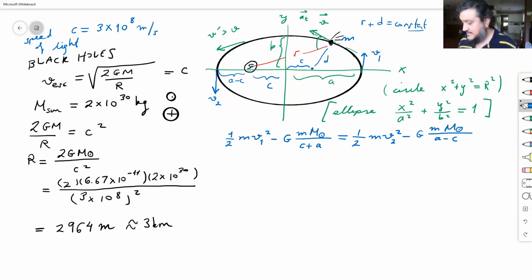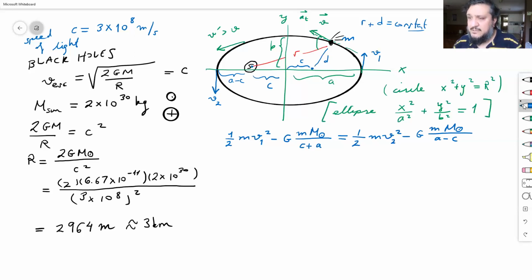So if you know what the parameter c is, the smaller the parameter c, the closer the ellipse is to a circle. All right, so for zero c, you will have a circle. That's what we mean by eccentricity.